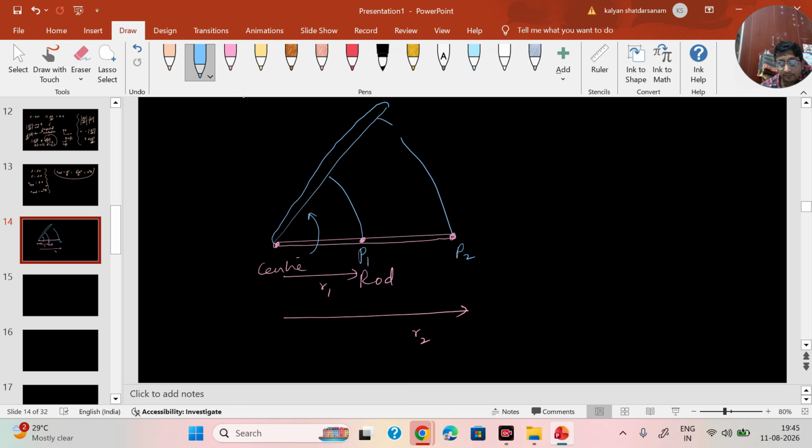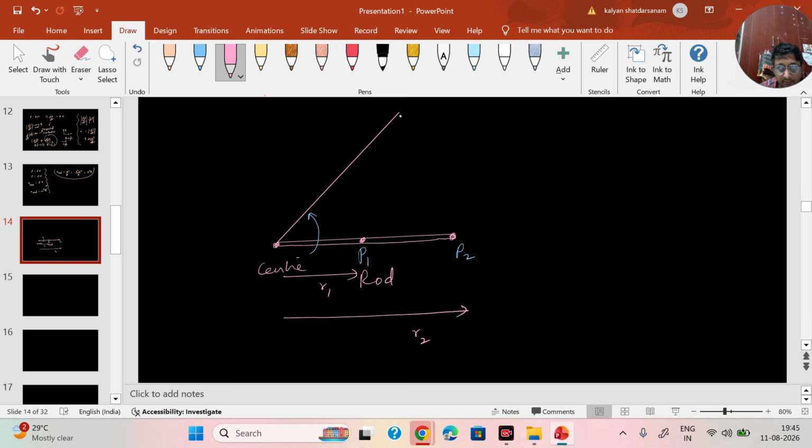Now after some time the rod would have come to this position, somewhere here like this. My diagram is not very perfect. Let me see if I can draw it a bit more authoritatively. Okay, so this particle P1 came here, it went in a circle.